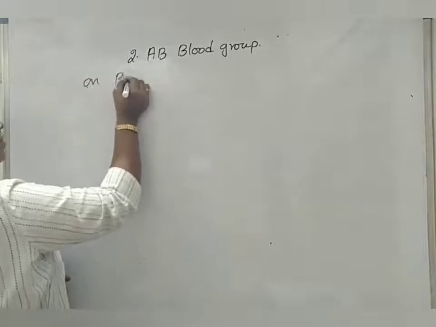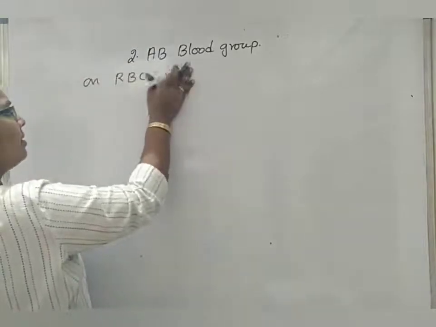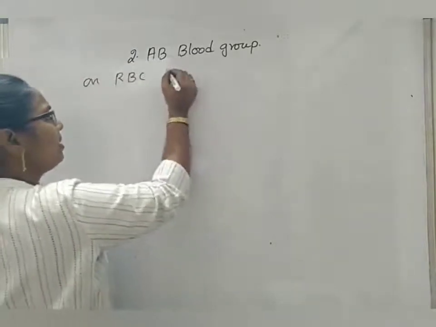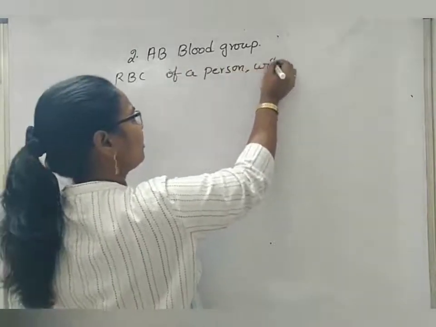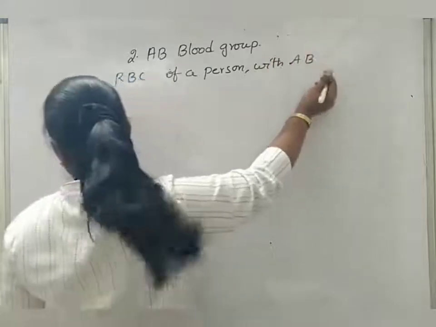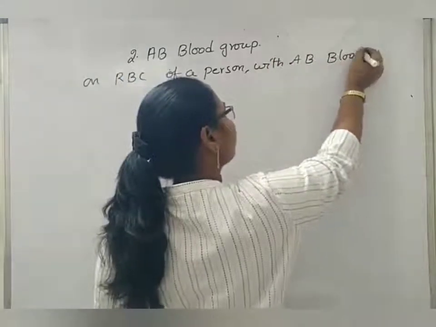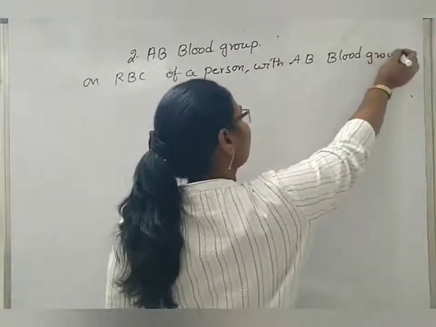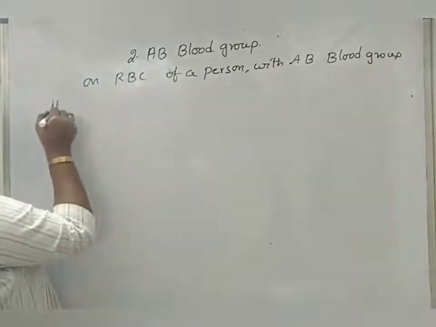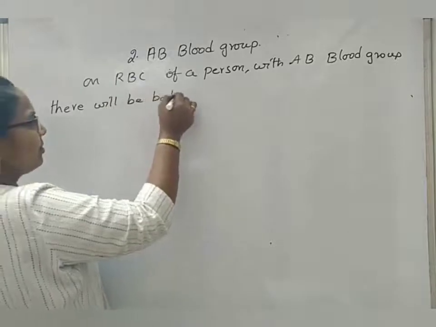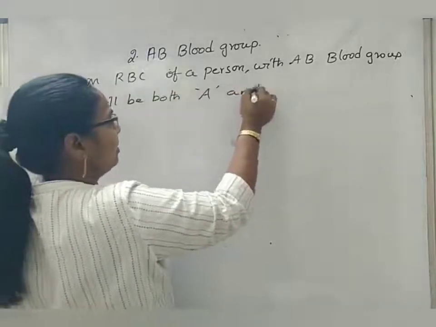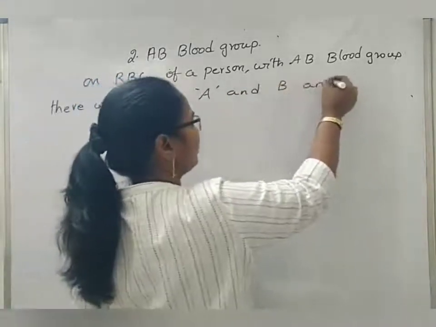Second example is the AB blood group. On the RBC of a person with AB blood group there will be both A and B antigens.